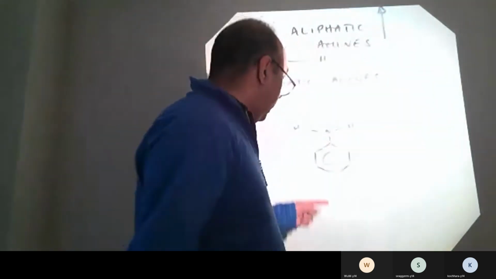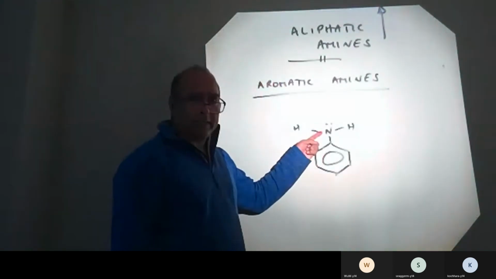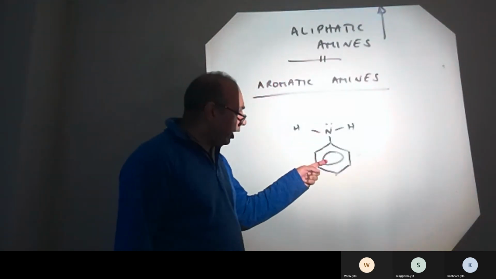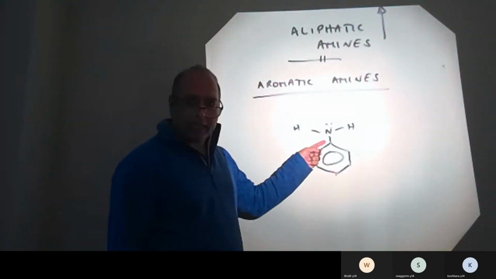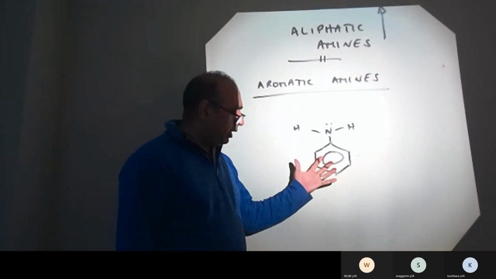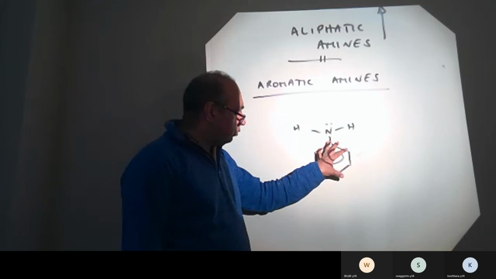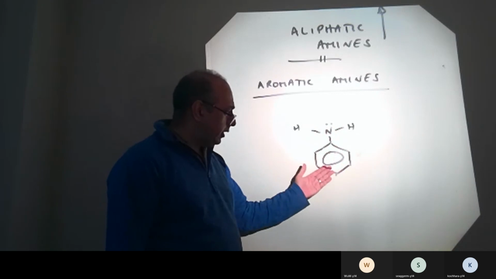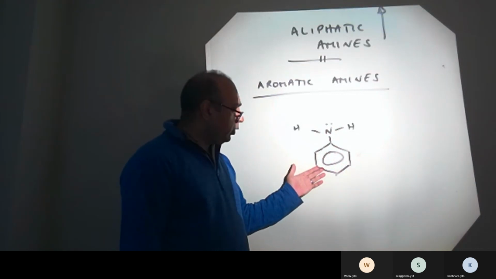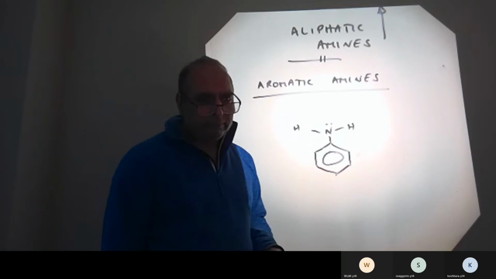That is an aromatic amine. It's a primary aromatic amine. I hope you understand that term, primary: NH2, where one of the hydrogen positions is occupied by the benzene ring.